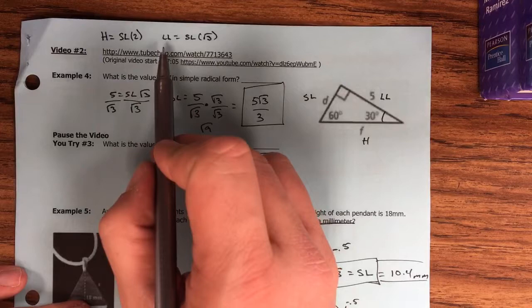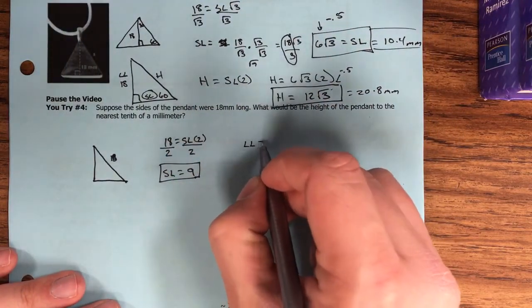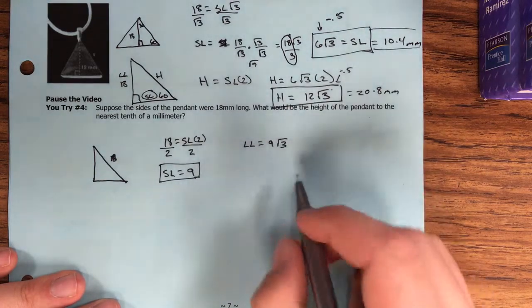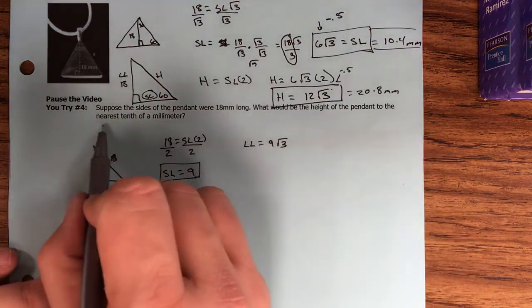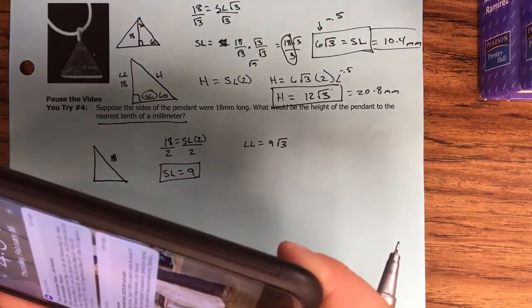Now we can figure out the long leg, which equals short leg times radical 3. So the long leg equals the short leg, which we just found was 9, times radical 3. And there's our answer, but once again, to the nearest tenth of a millimeter, we're going to pull out our calculators again.